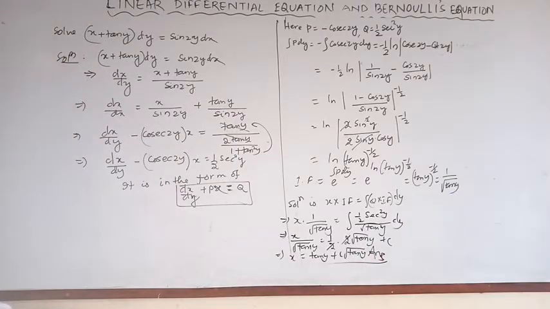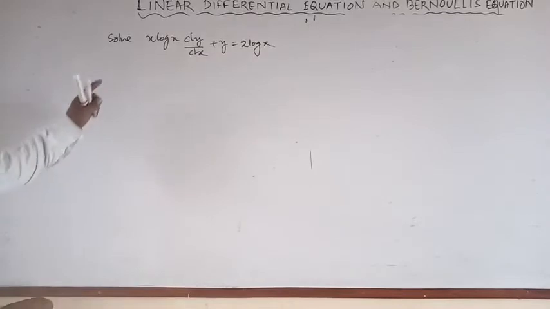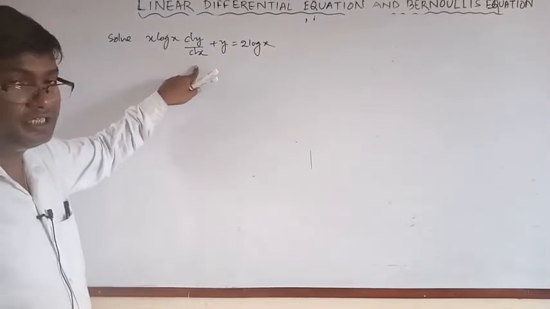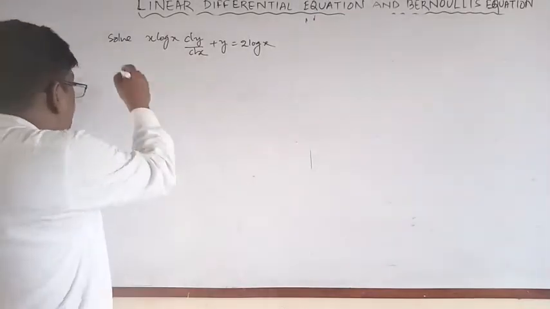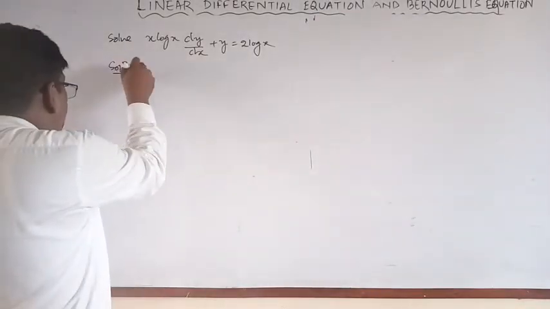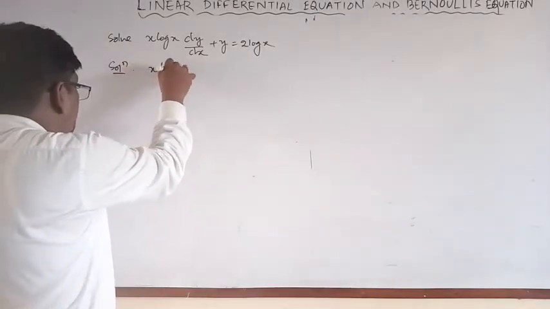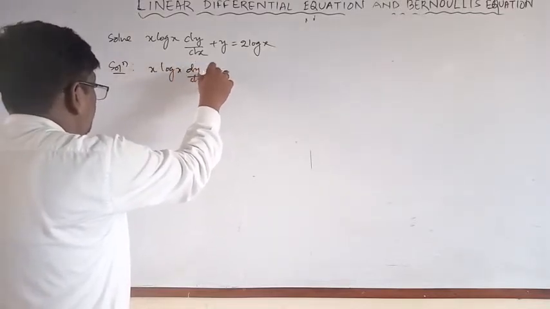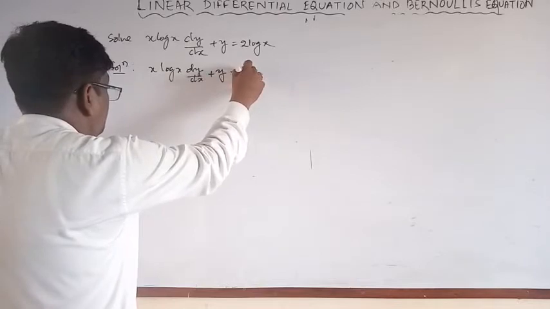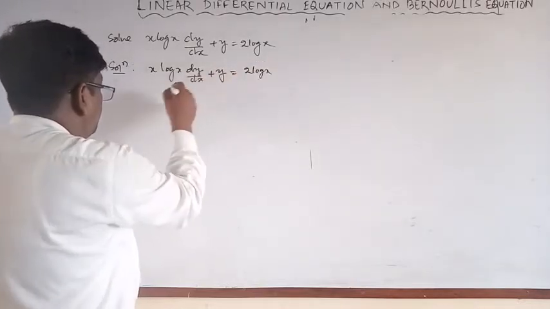Now another question. Solve x log x dy by dx plus y is equal to 2 log x. Solution: x into log x into dy by dx plus y is equal to 2 log x.